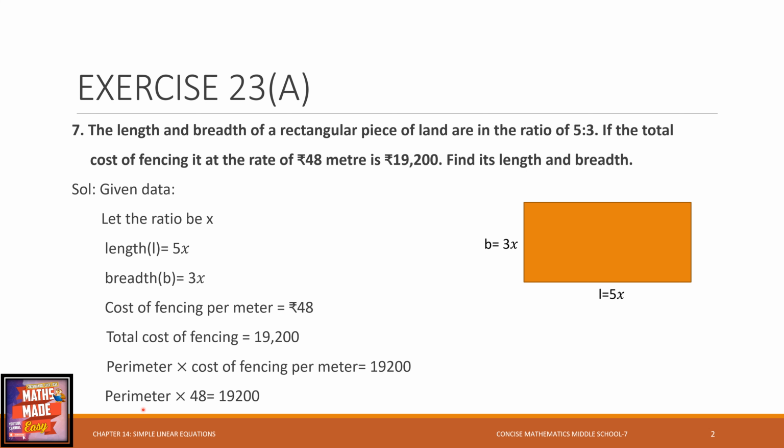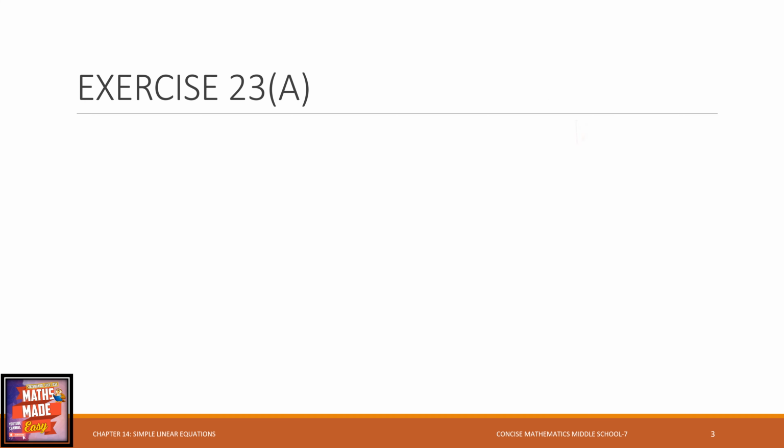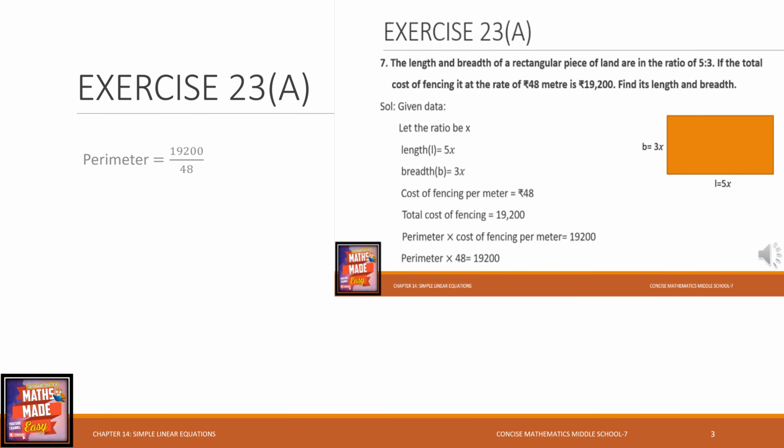Now, since we have to find the perimeter, get this 48 to the other side. Since it is multiplication between them, when it comes to the other side of the equal to, it becomes division. So perimeter is equal to 19,200 divided by 48. Now you can divide it yourself and you will get perimeter is equal to 400.